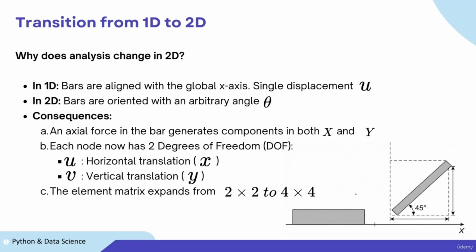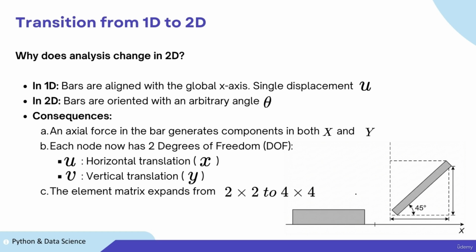So, why does the analysis change when we move to 2D? In our previous lesson, the bars were aligned perfectly with the x-axis. We only had one displacement, u. But now, look at the diagram. In 2D, bars are oriented at an arbitrary angle, theta. This has three major consequences.